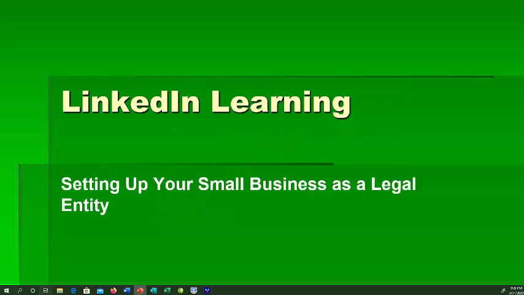And this was setting up your small business as a legal entity, and this was the set of lectures on LinkedIn Learning by Dana Robinson, which is a nice piece explaining the different business structures that most organizations will have available to them.